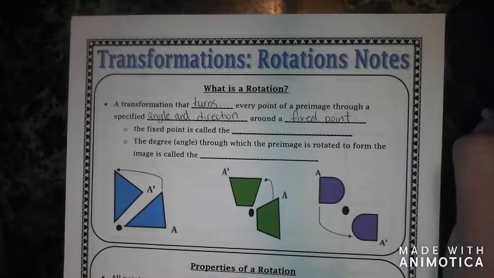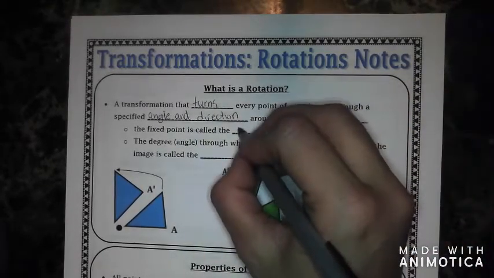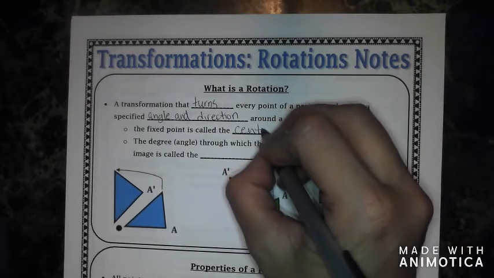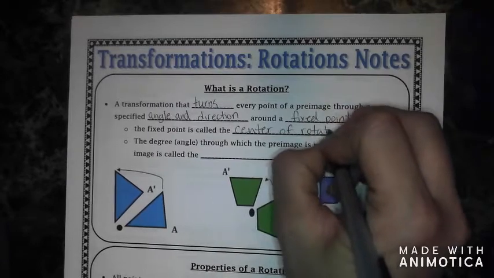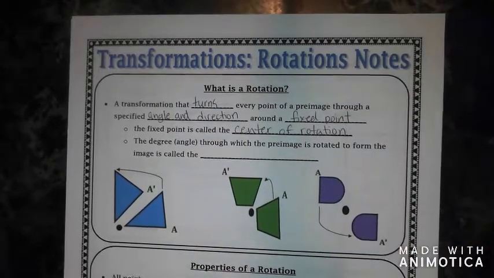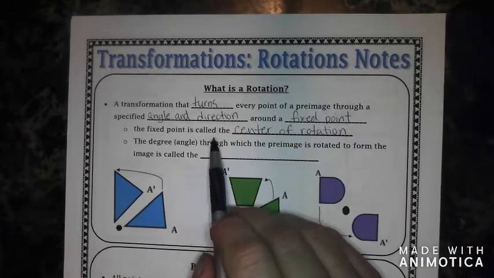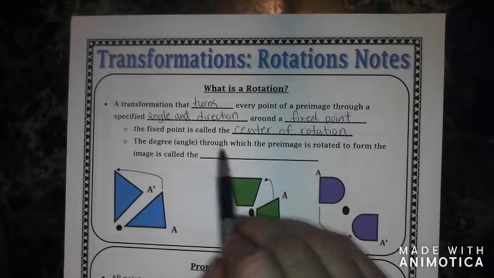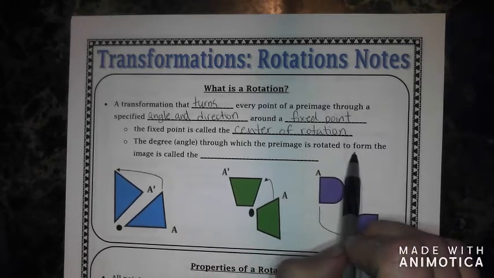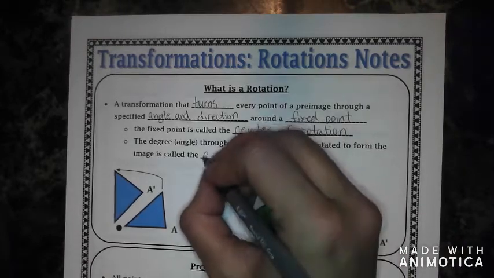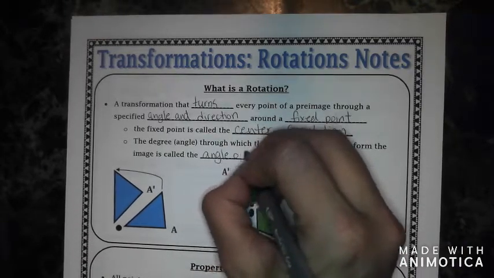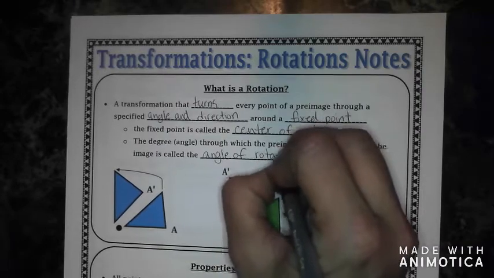The fixed point is called the center of rotation. The degree or angle through which the pre-image is rotated to form the image is called the angle of rotation.